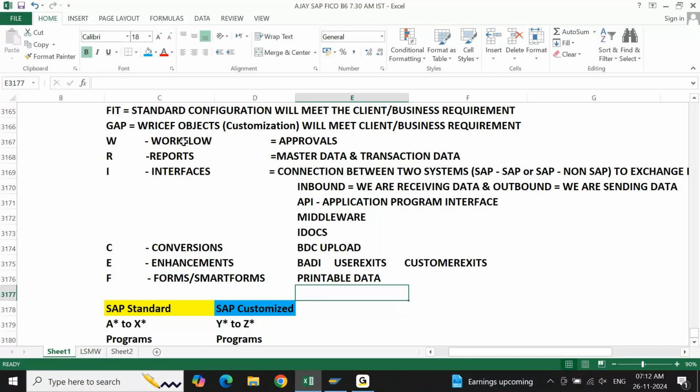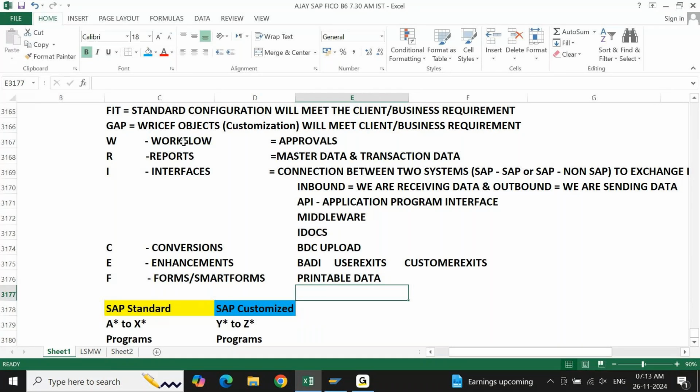There will be many data that you will be printing, like your customer invoice, payment advice, and many other things like bank letters. Everything is part of a form or a smart form, where we need to understand what data we are printing, in which format, and how the printing is happening.